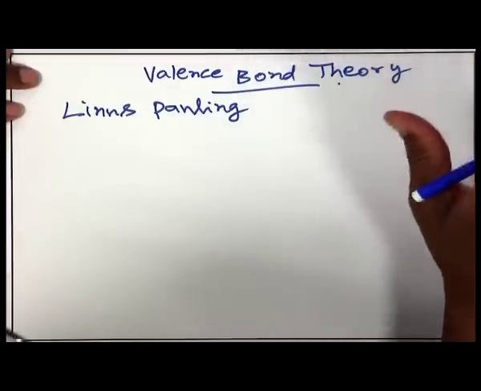For example, if you look at the Lewis dot structure, it does not tell about the angle between the atoms. You cannot determine what the angle between atoms is. As a result, we cannot get the shape from the Lewis dot structure. Then we have seen the VSEPR theory.